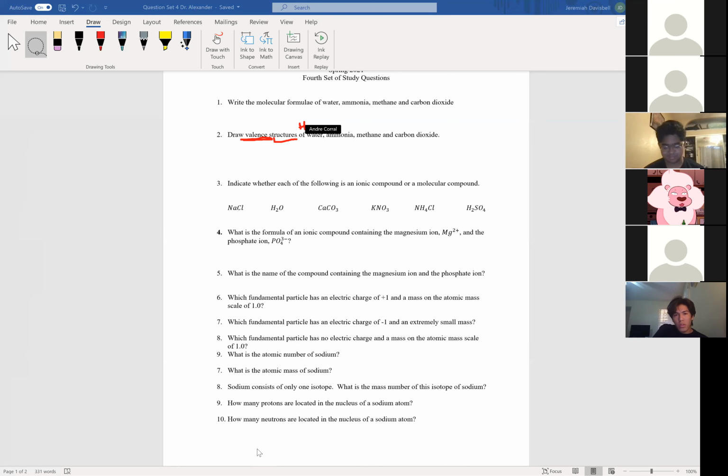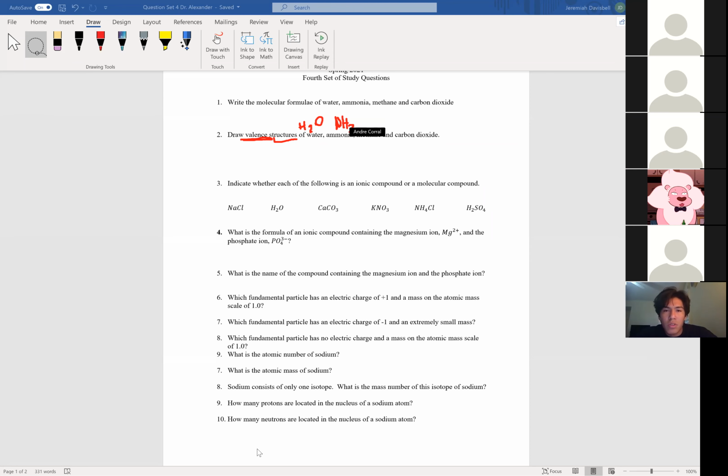When you're doing your valence structures, you write your elements out, and then around each one you write the number of valence electrons in dot form, which you'll learn more about later in your workshops. Hopefully Dr. Alexander has covered it already.